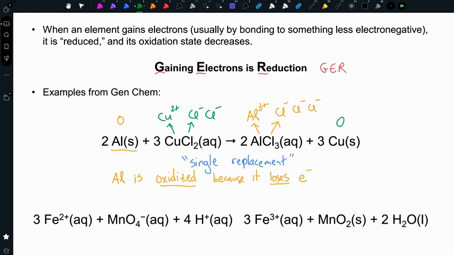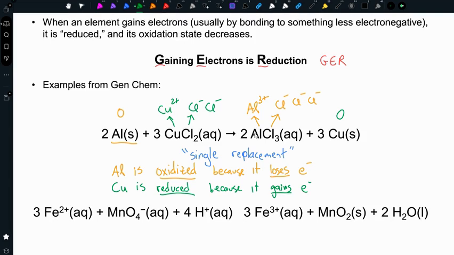So copper is gaining electrons. It's going from +2 to 0. So we would say copper is reduced in this case. So that's the idea with oxidation or reduction.